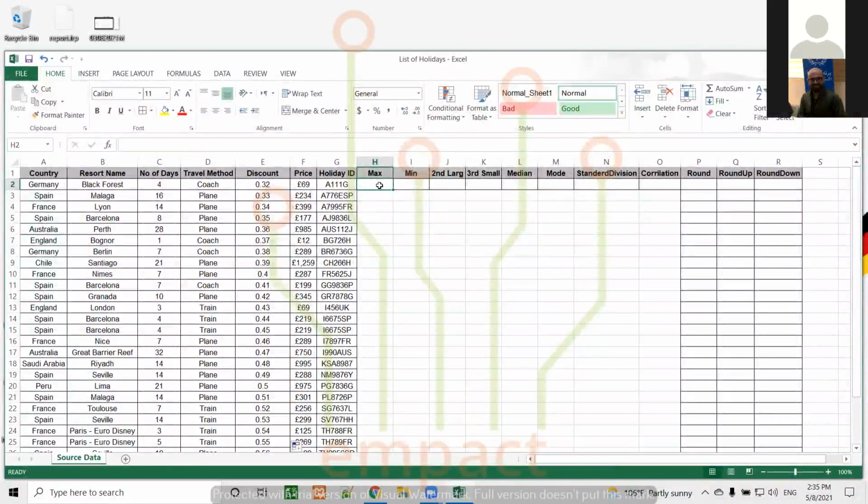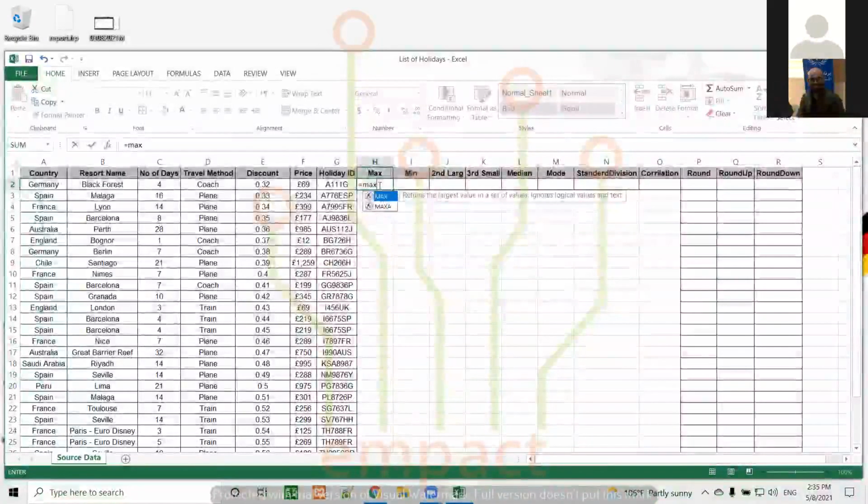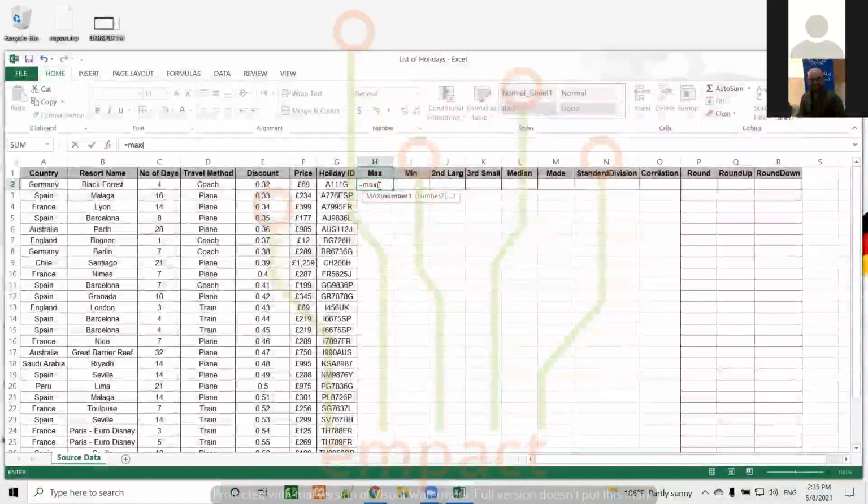In the very beginning, we need the equal sign, then MAX, which is the abbreviation of maximum, then open the bracket where I'm looking for the max number.